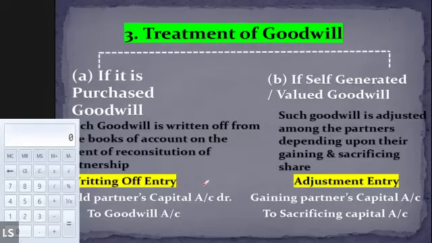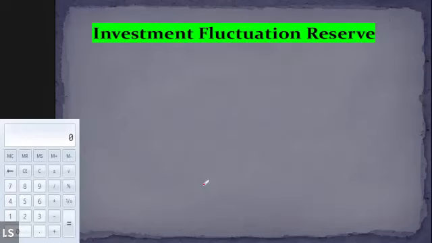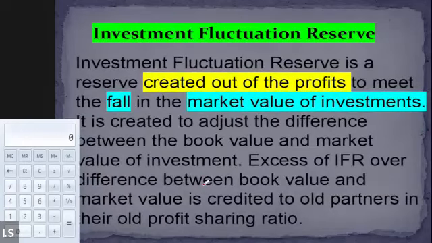I'm also fine. Okay, so Sania and Aman, we were talking about the investment fluctuation reserve in the last session, and in this topic we have understood the meaning of the investment fluctuation reserve, the purpose for which it is made by the partnership firm.